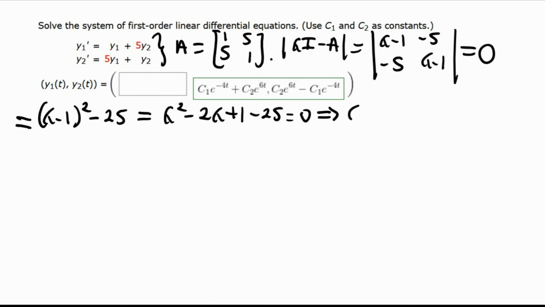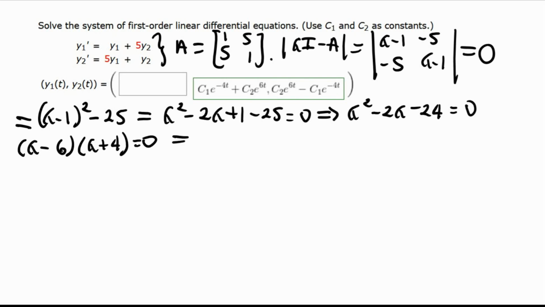And so this implies that we have lambda squared minus 2 lambda minus 24 is equal to 0. Well, that gives us lambda minus 6 times lambda plus 4 is equal to 0. So this implies that lambda is equal to 6 and lambda is equal to -4. So now we solve for the eigenvectors.